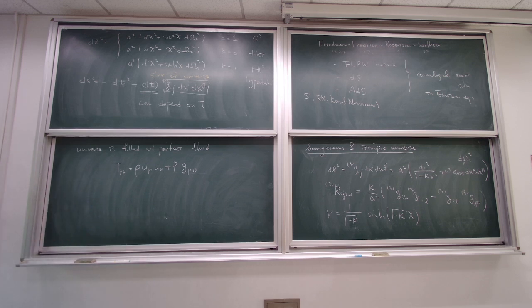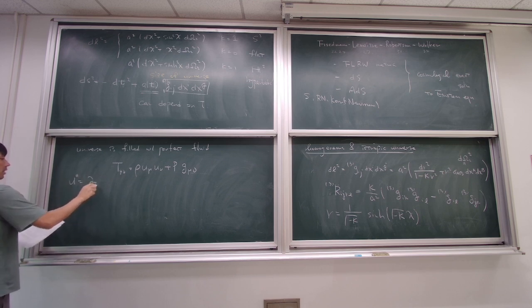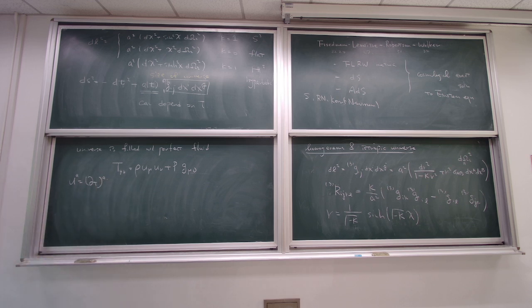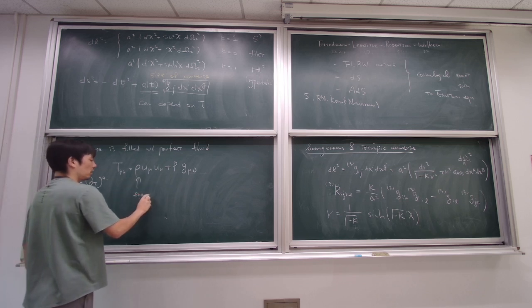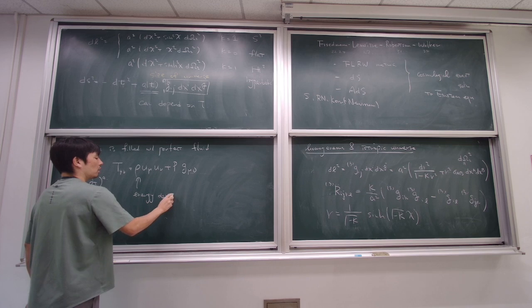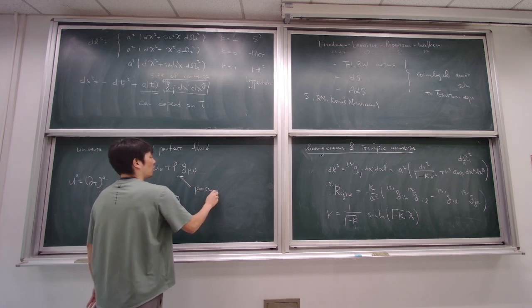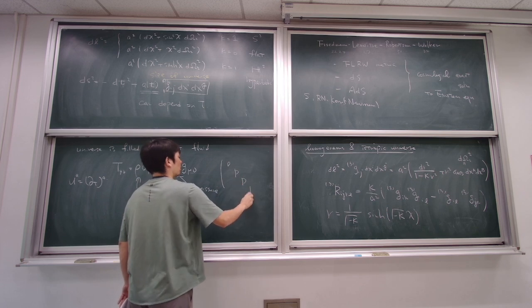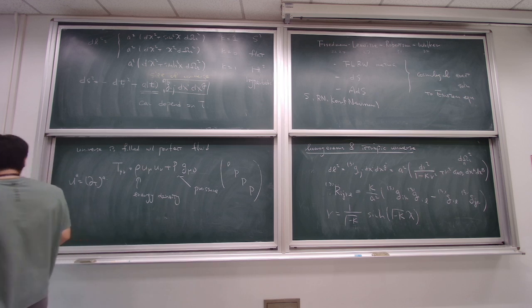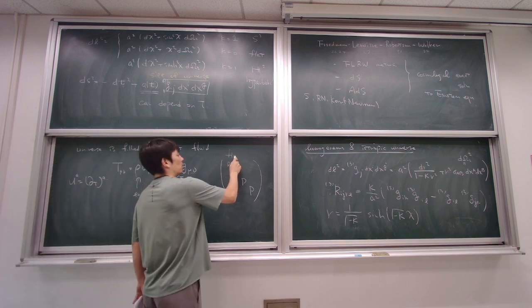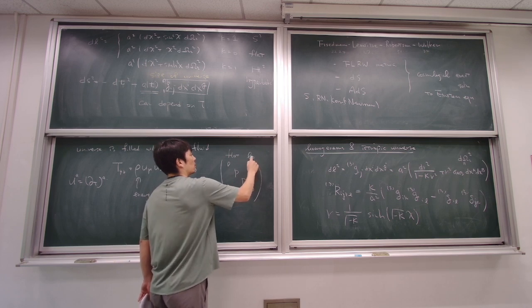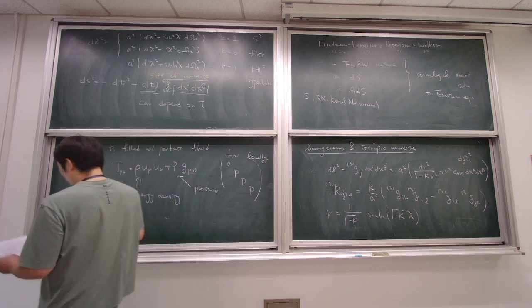And u is given by the time direction. This is the energy density, and this is the pressure. Locally, if it is flat, it can be written like this way. So this is the definition of a perfect fluid.